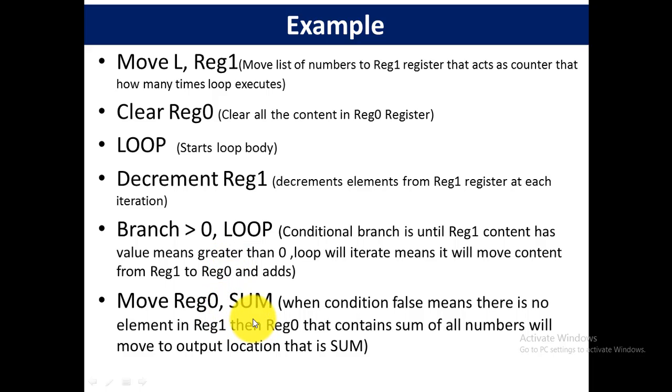When the condition fails, there is no element left in register 1. Then register 0, which contains the sum of all numbers, will be moved to the output location, that is sum. In this way, we shorten the lengthy sequential instructions into very short code.